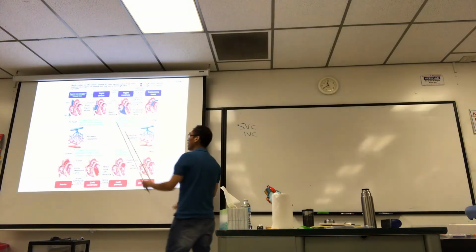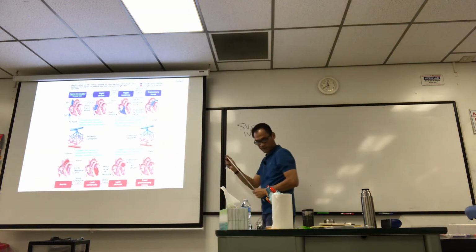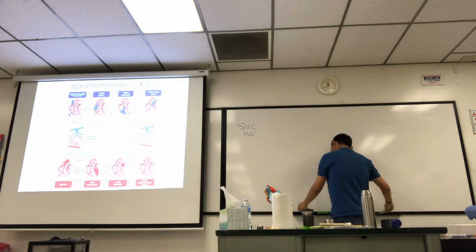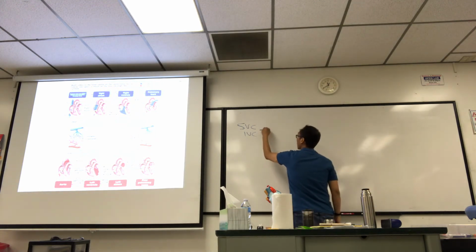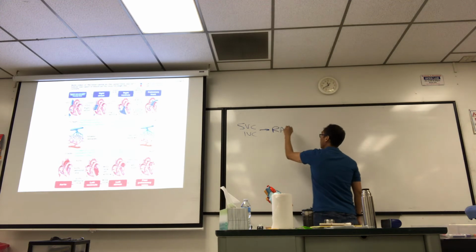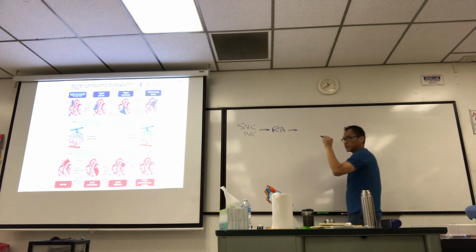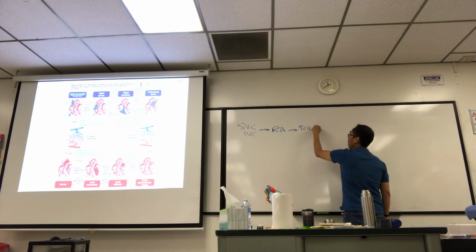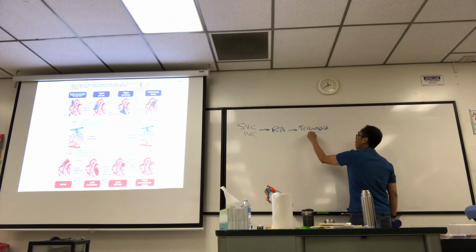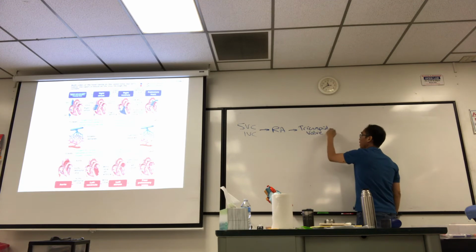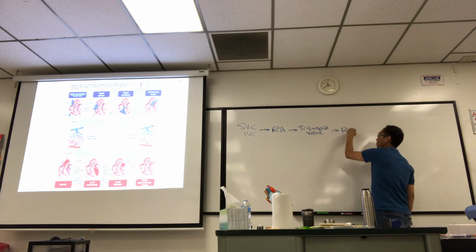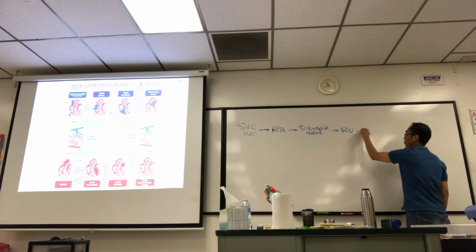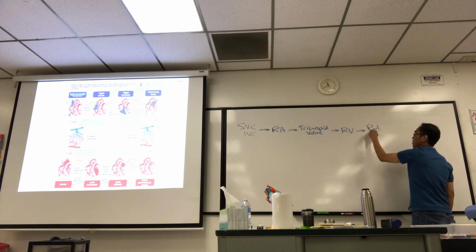Then you go to the right atrium, RA. Then you go through the tricuspid valve. Then you're in the right ventricle, the RV. The job of the RV is to pump blood through the pulmonary semilunar valve.